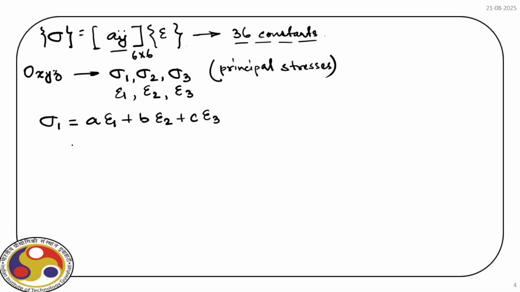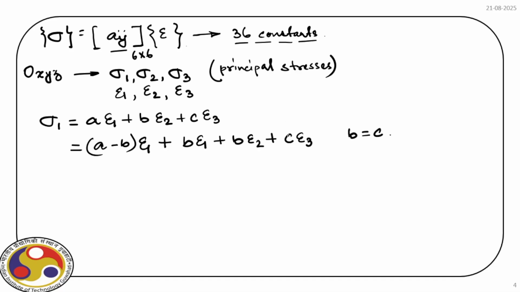If we slightly modify this expression, we have A minus B times epsilon 1 plus B times epsilon 1 plus B times epsilon 2 plus C times epsilon 3.